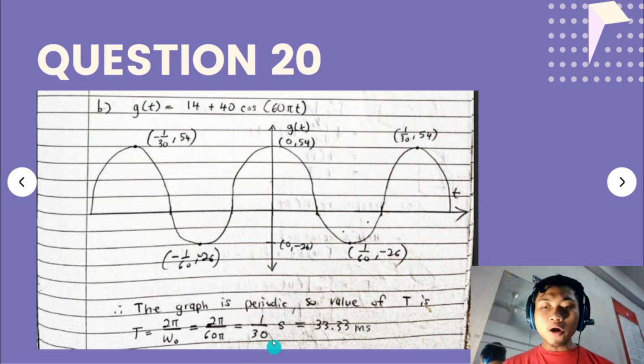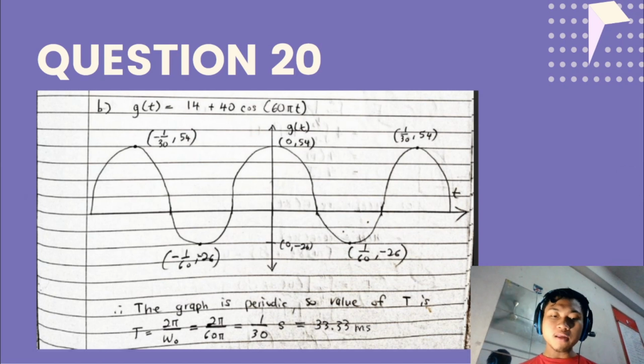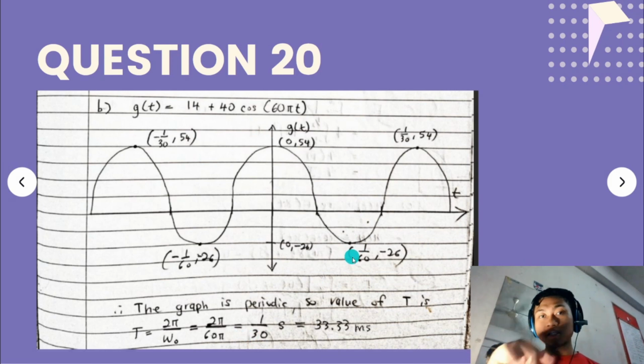It is from here. So how about this one? We just divide by 2, because we assume this is pi over 60 pi. So 1 over 60 pi, which is 1 over 60 if we cancel out the pi.